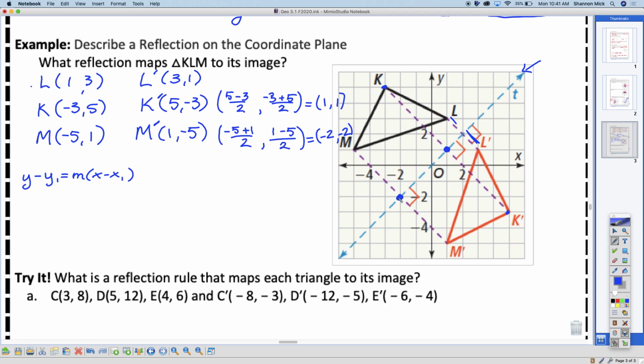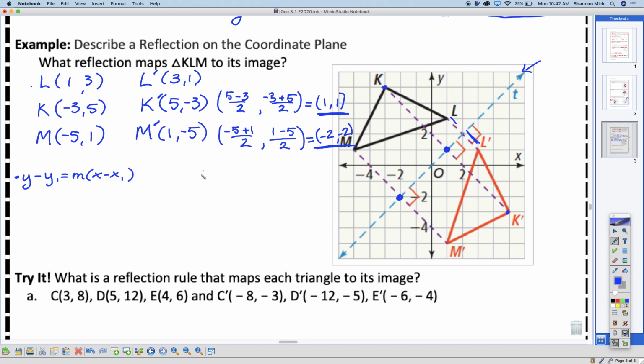Now, if I have two points on a line, can I write the equation of that line? Yes, because I can use the two points to find the slope, and then I can use my y minus y1. So I need to find my slope. The two points I'm using are the two points on line T, because I want that equation. I want to know what I'm reflecting this line over. Make sense?